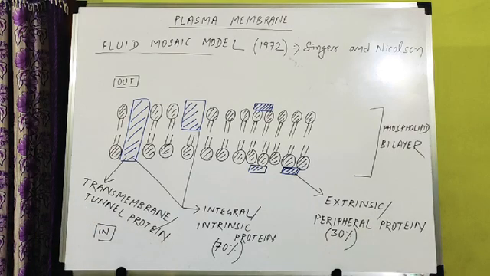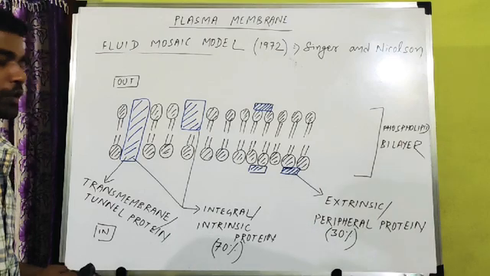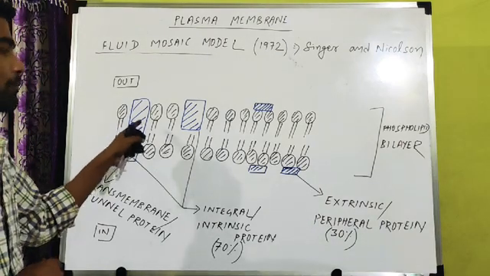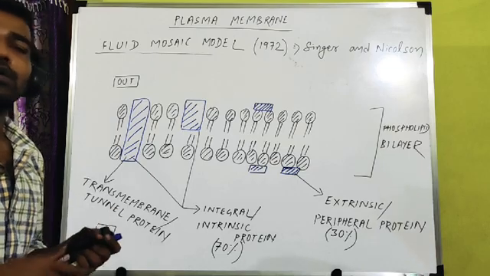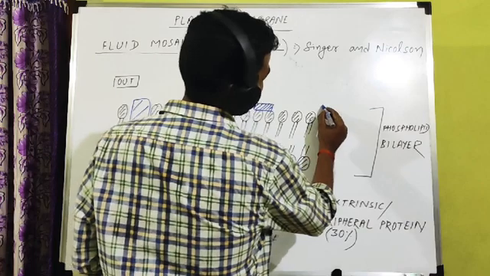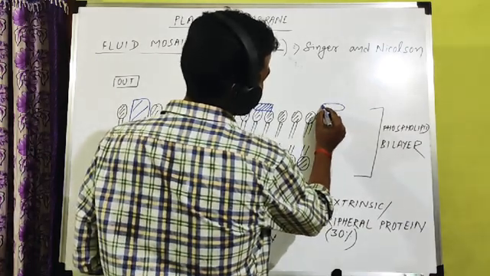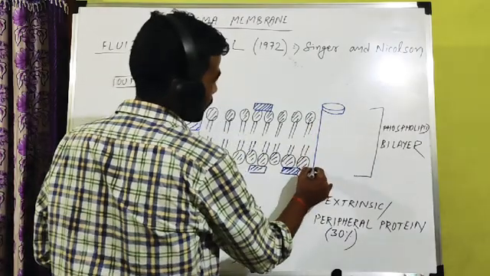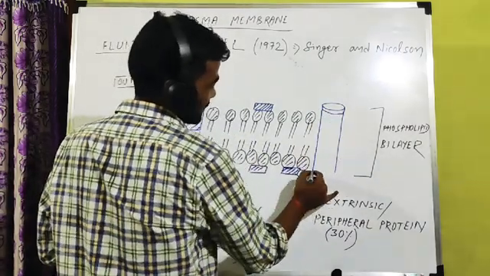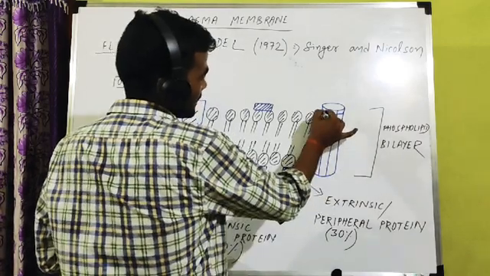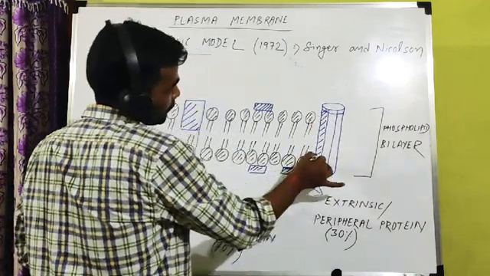And these transmembrane or tunnel proteins are very special. They sometimes occur single. Here I have shown a single transmembrane protein, or sometimes they occur in a group, like this.